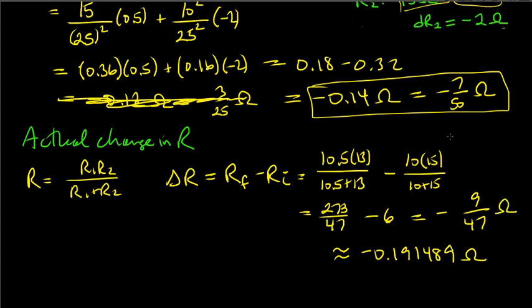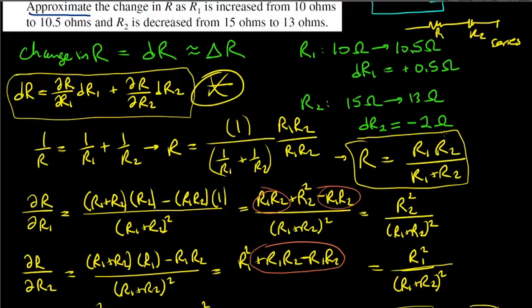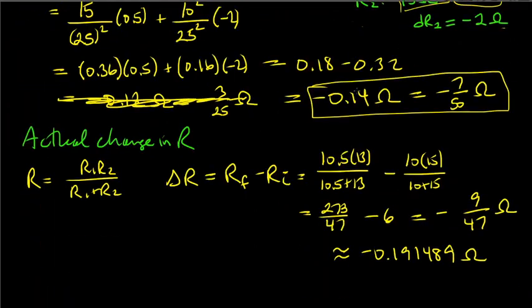So that's the actual change, right? So you can see the approximate change was the negative 0.14. So this is approximate, right? And then this, the negative 9 over 47, that's the exact. And here we're just approximating the fraction, of course.